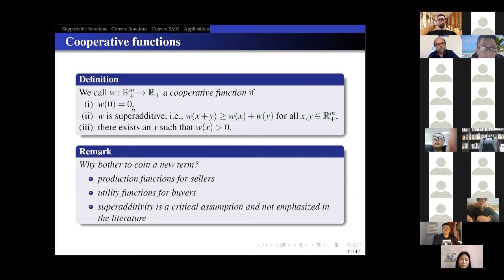And we assume that this function w is superadditive, so when players cooperate, it is always the most efficient way for them to pool their resources together and produce in a collective way. And we also assume that there's at least one value x such that w is positive. This excludes the all zero function, which is quite interesting.